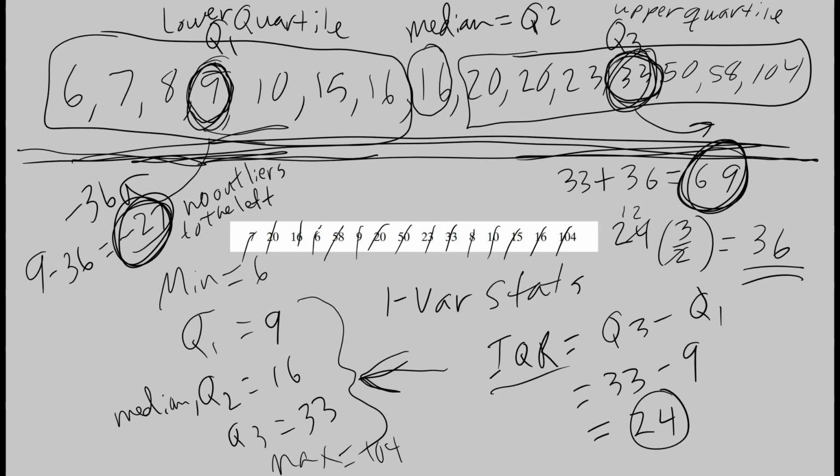Are there? Yes, there are. 104. So are there any outliers in this data set? Yes. 104 is an outlier by the mathematical definition that we have now applied.